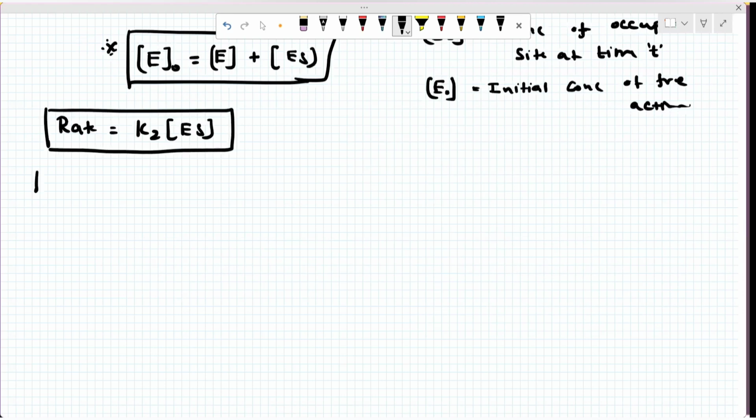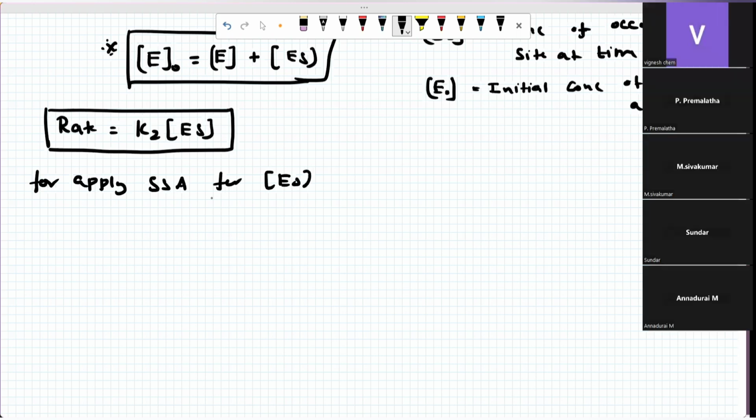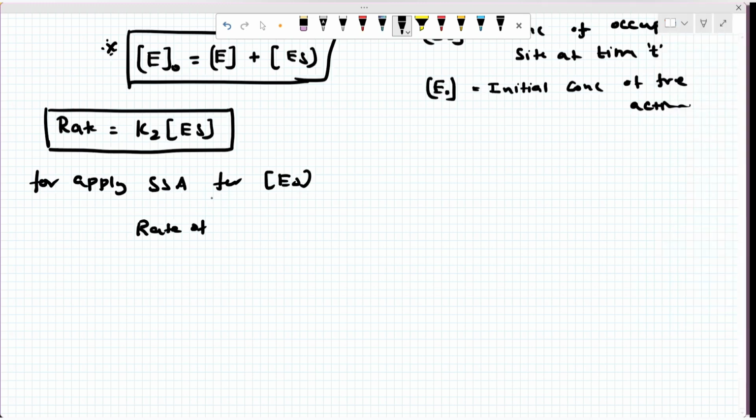Apply SSA for ES. What does this mean? The rate of appearance of ES equals the rate of disappearance of ES.